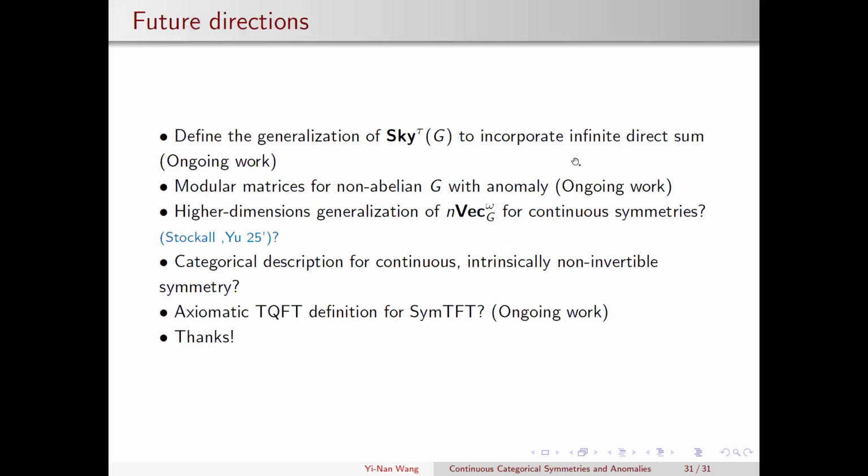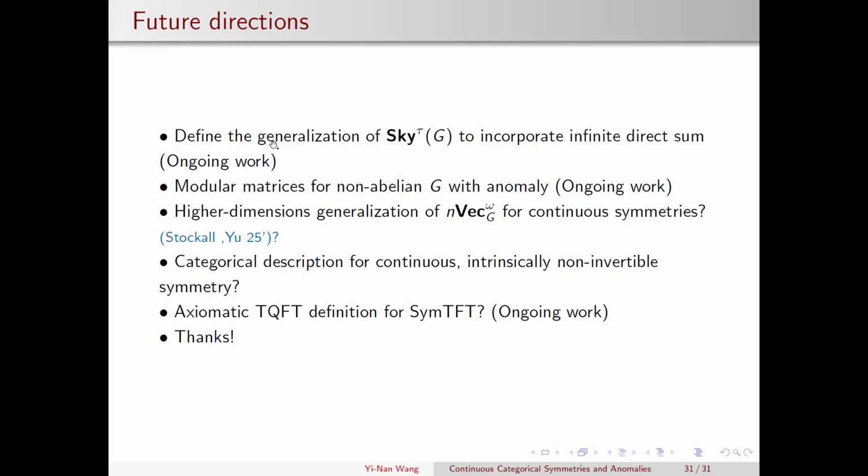So as a summary, I think even for continuous Lie groups, it is still a huge playground for people to work, both for mathematicians to develop things more rigorously, or physically to compute things. For instance, what are the modular matrices for a non-abelian group G with anomaly? There are tons of questions like that to study.